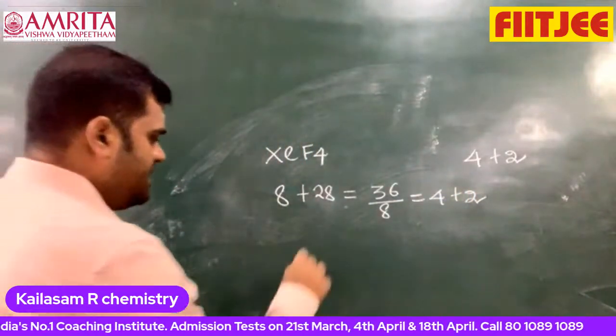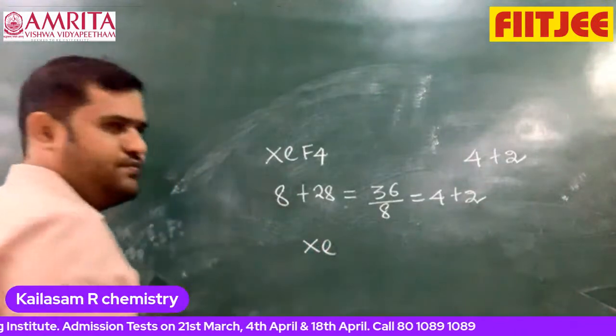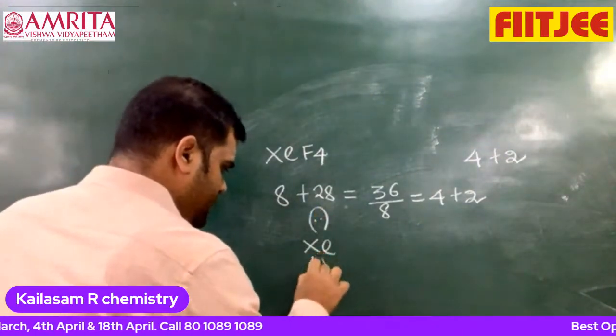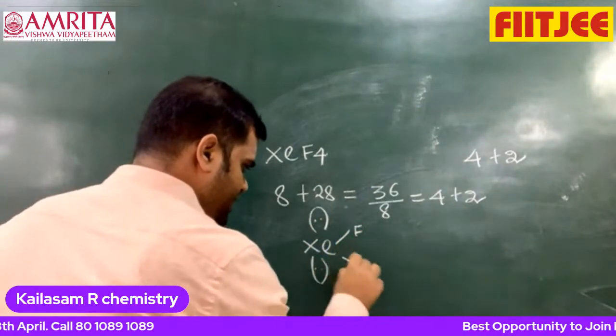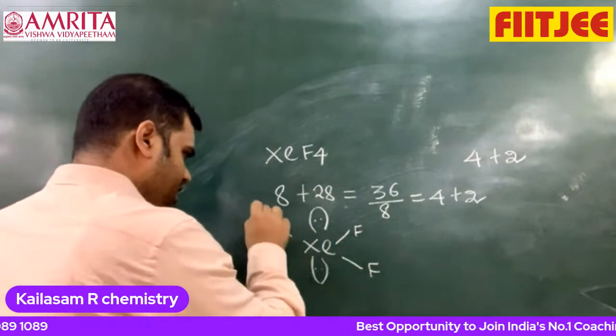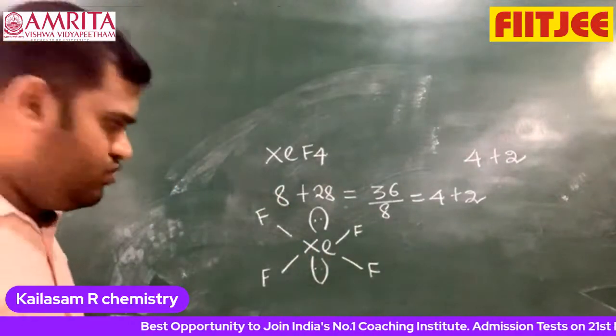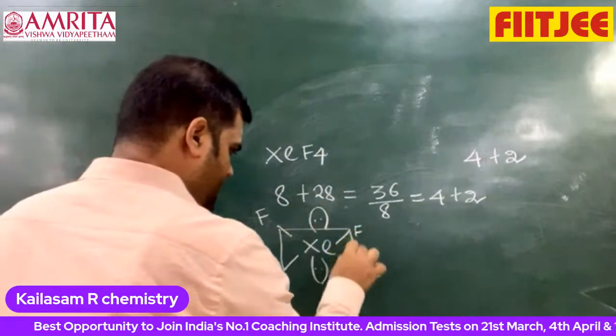That means we can say that Xe has 2 lone pairs above and below the plane. Here is one F, here is F, and here also is one F. Now this is nothing but square planar.